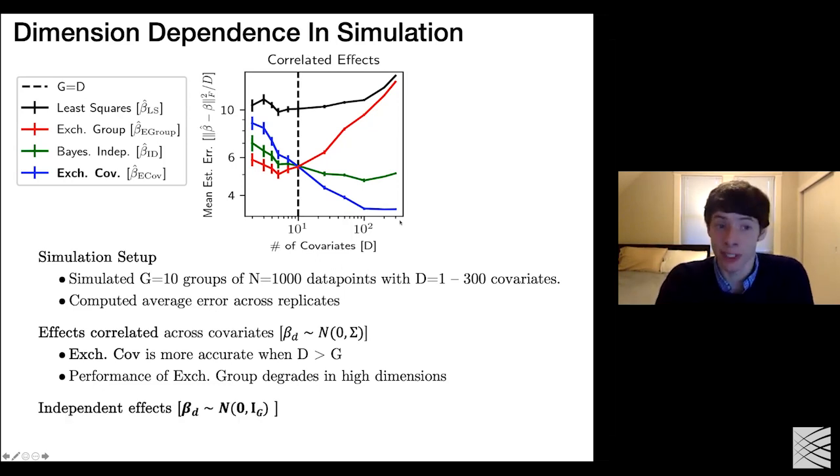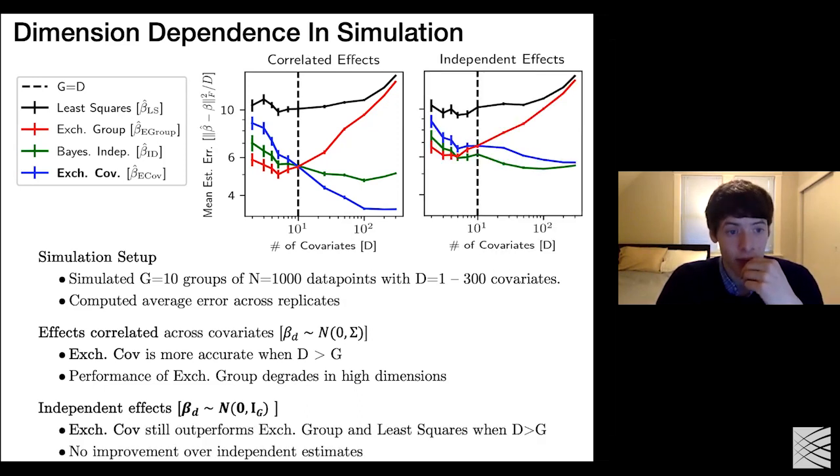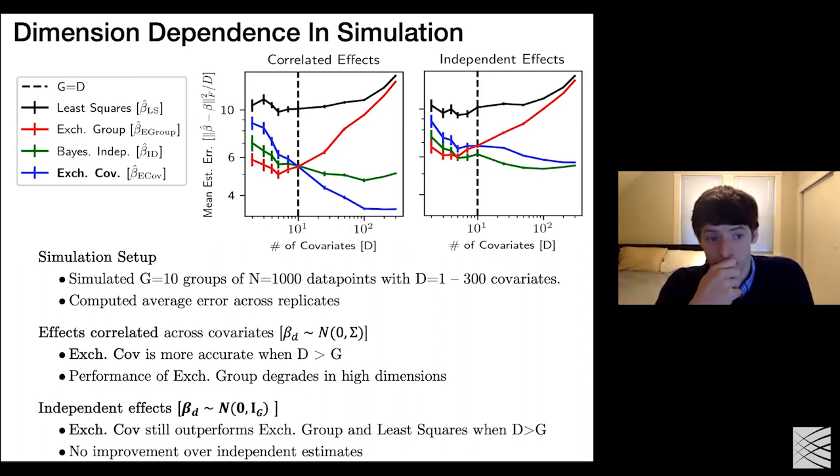But of course, we should expect things to perform well when the data are actually coming from this model with effects correlated as we'd assumed. So the second check is seeing how things go when we have effects that are independent. Now, instead of having these beta Ds coming from a correlated Gaussian, we're having them come from a Gaussian with this identity covariance matrix.